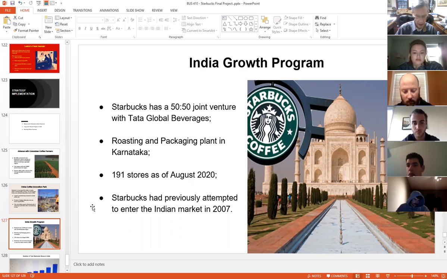So the way to get into the market is to form an alliance or a joint venture with one of these family conglomerates. And Tata is probably the biggest of all in India. So Starbucks, the biggest coffee shop company in the world, has joined with Tata, the biggest conglomerate in India. And I'm sure they get along just fine.